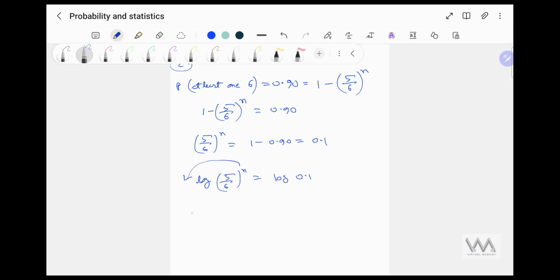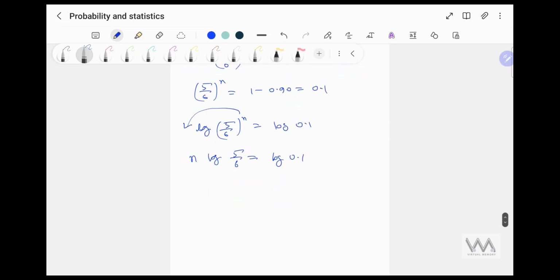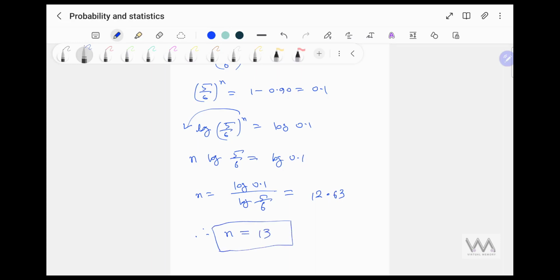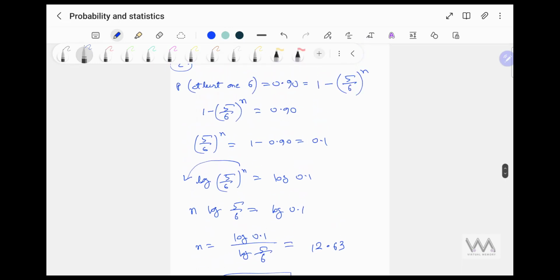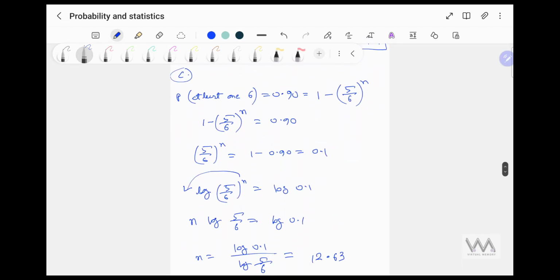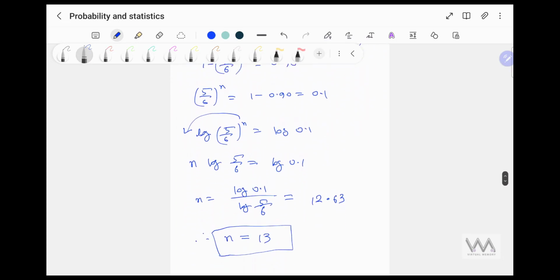We can bring n to the front, so we have n log 5 over 6 equals log 0.1, and then n equals log 0.1 over log 5 over 6, and this gives us 12.63. So we need at least 13 throws to get a probability of 0.90 of getting at least one 6. So that's how you do it.